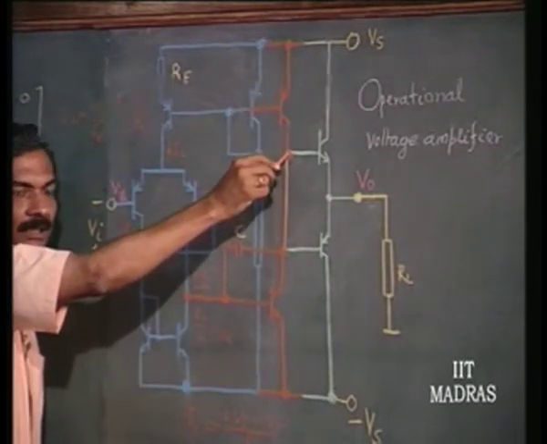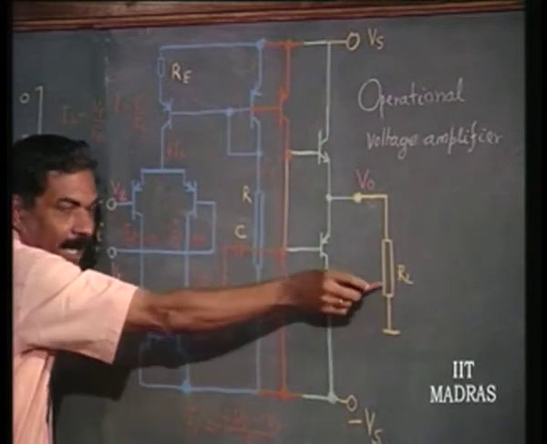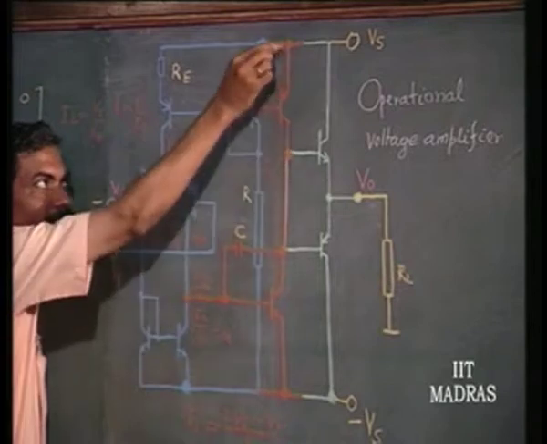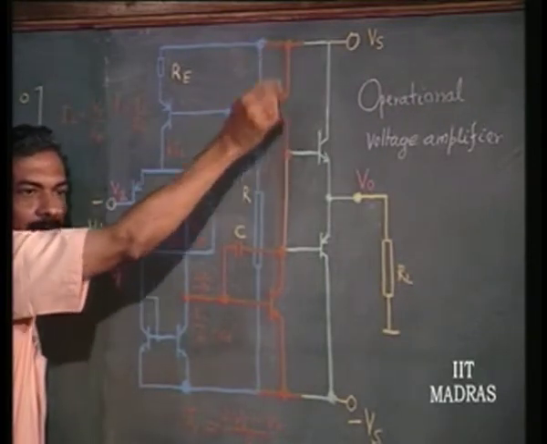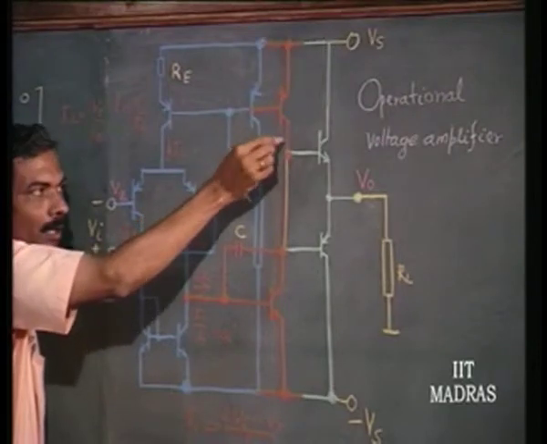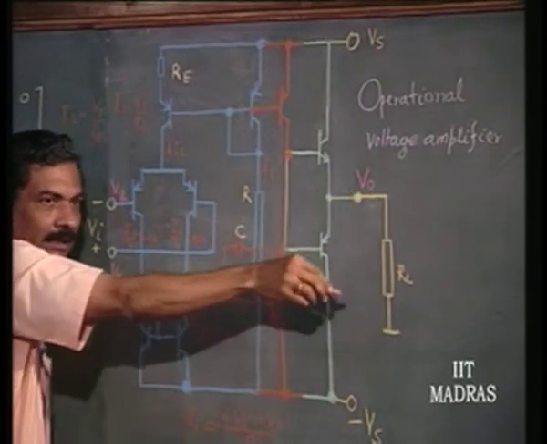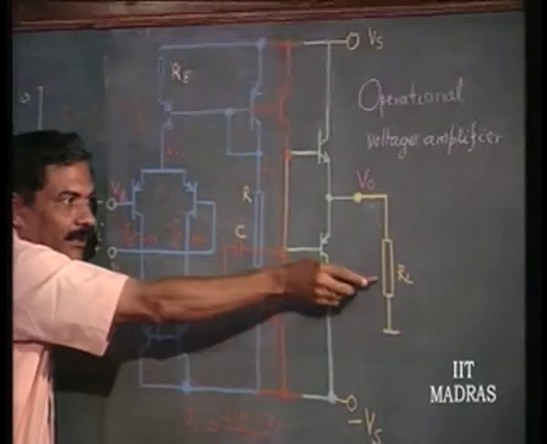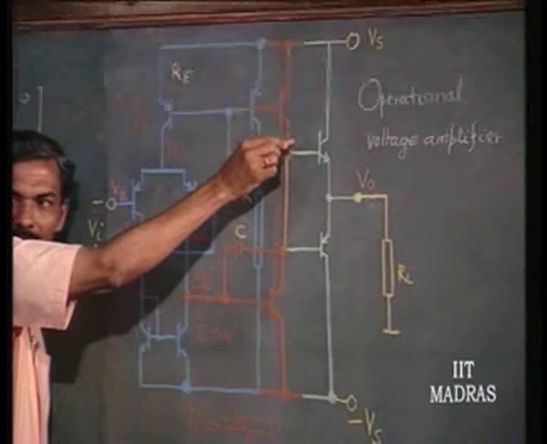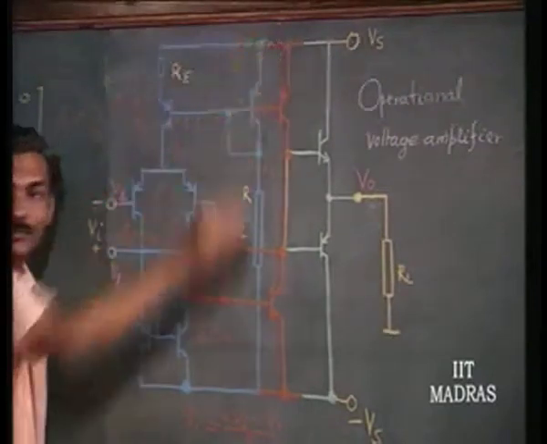Once again, the load here, in the absence of RL, if RL is infinity, is going to be determined primarily by the output impedance of this current source. If you put an RL here, then you have to consider the effect of RL, which is nothing but (beta plus 1) times RL appearing, shunting this output impedance.